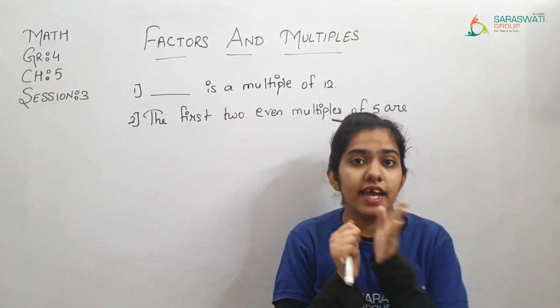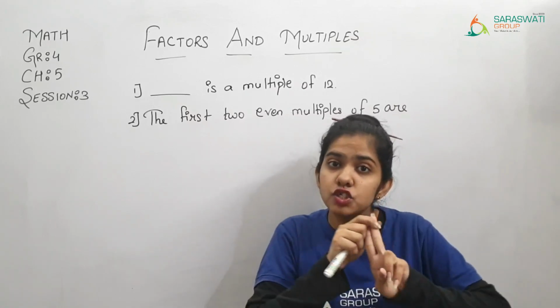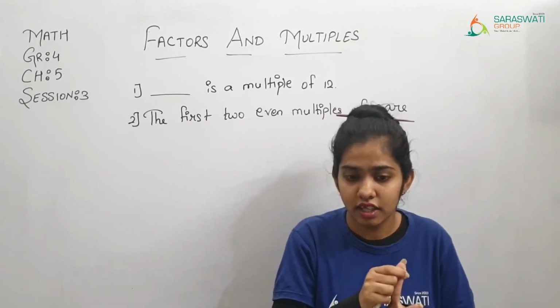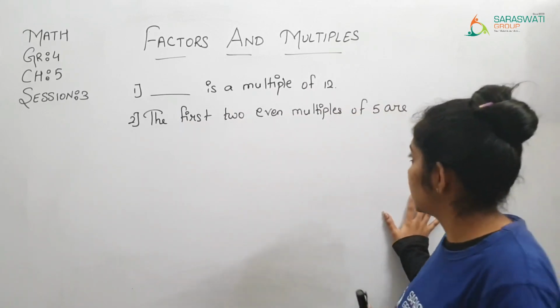So 10 and 20 are the first 2 even multiples of 5. Okay, so your answer is 10 and 20.